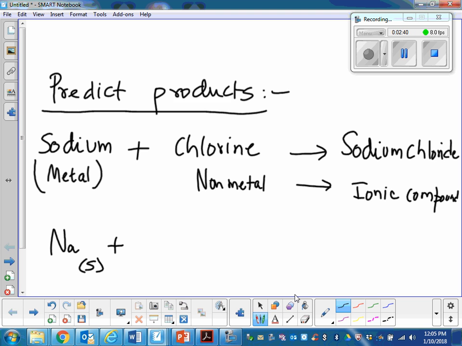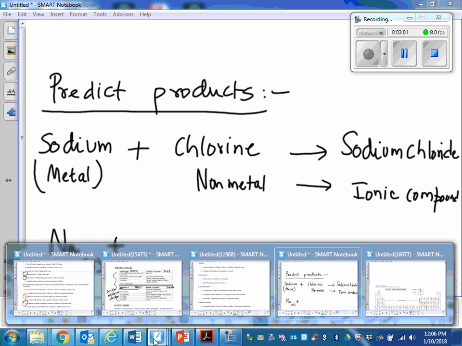Connor, do you remember, how should I write chlorine? Chloride. Well, it's chlorine and it's not chloride. So how am I going to write chlorine? Do you remember your diatomic elements? Is chlorine one of the diatomic elements? Let's go and review diatomic elements.